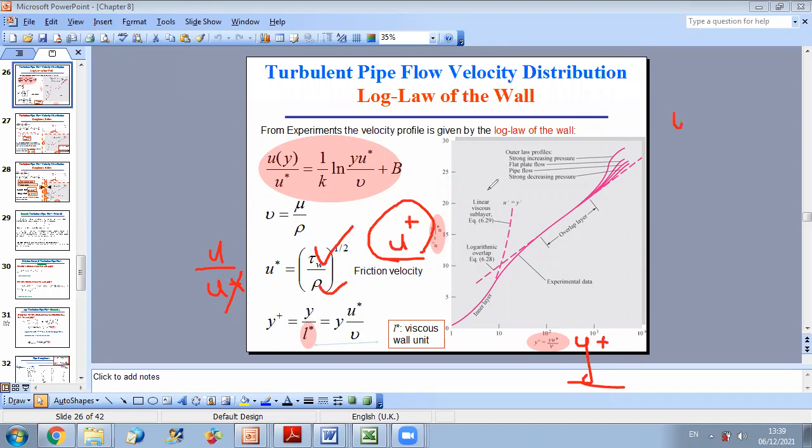You can get what tau is, you have your fluid, you know what rho is. So from this general experimental result, because it relates dimensionless numbers, you can know the profile u as a function of y for any turbulent flow, because this is a general behavior and I can apply it. I just have to compute u plus and y plus, and then it should follow this curve.